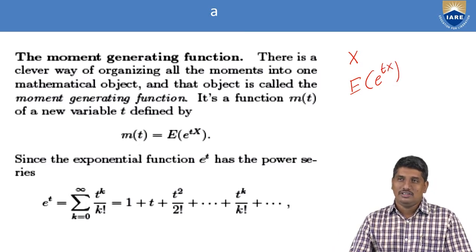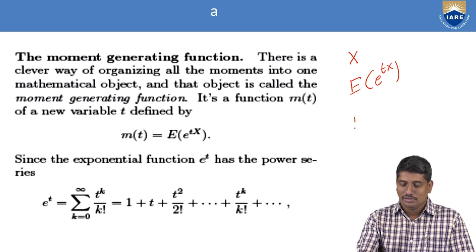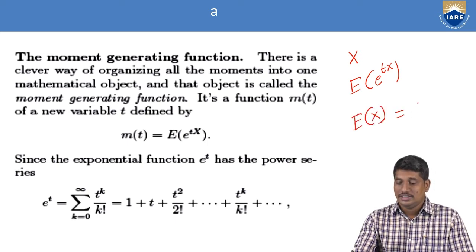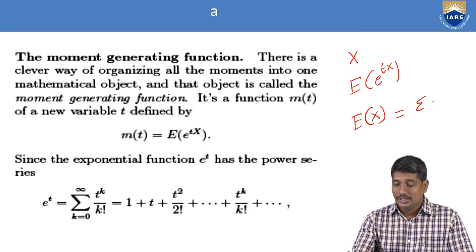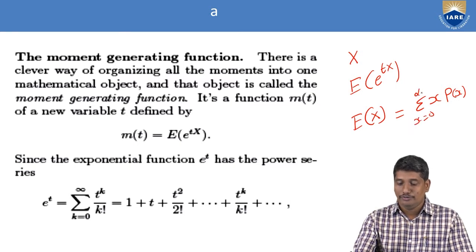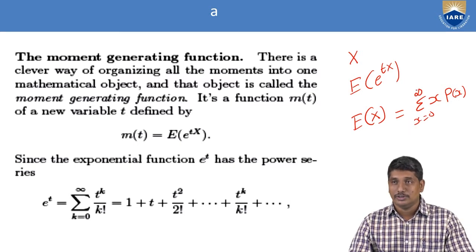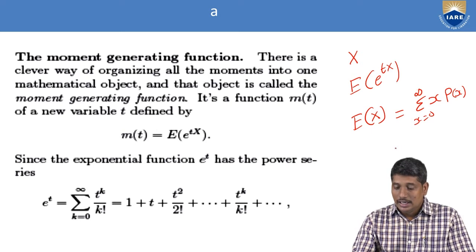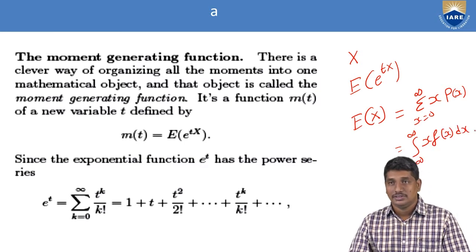Let us recap what the expectation of a random variable is. The expectation of a random variable is defined as the summation of x times p(x), where x goes from 0 to infinity, for a discrete random variable, and the integral from minus infinity to infinity of x times f(x) dx in case of a continuous random variable.